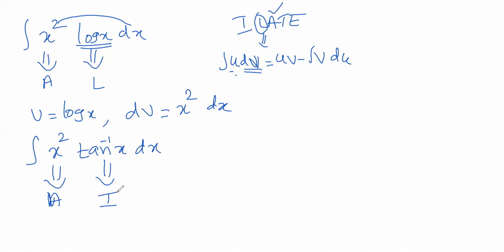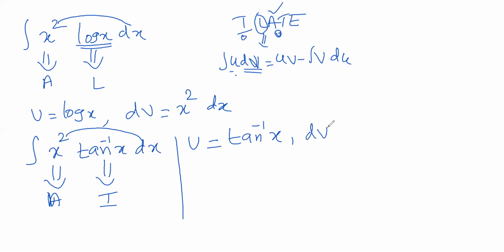A and I. Which comes first? I comes first. So our selection of u must be tan inverse x. So u is equal to tan inverse x, and the remaining function, x squared dx, we take as dv. So dv is equal to x squared dx.